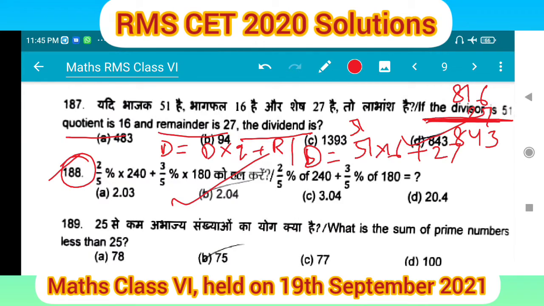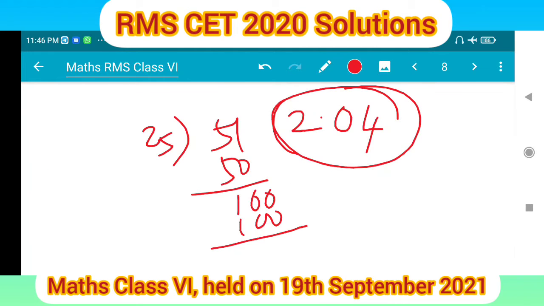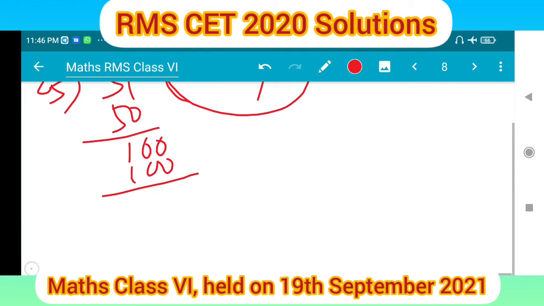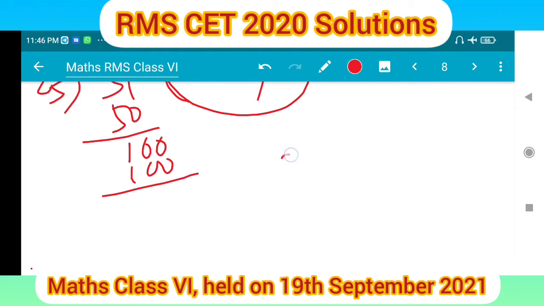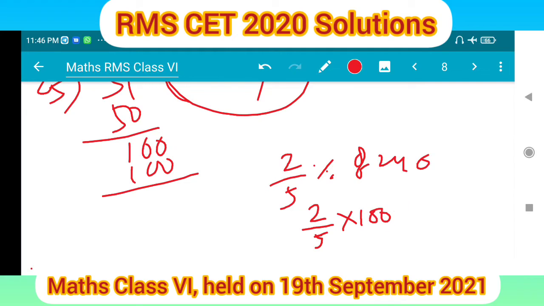What is 2 by 5% of 240? 2 by 5 percentage of 240.